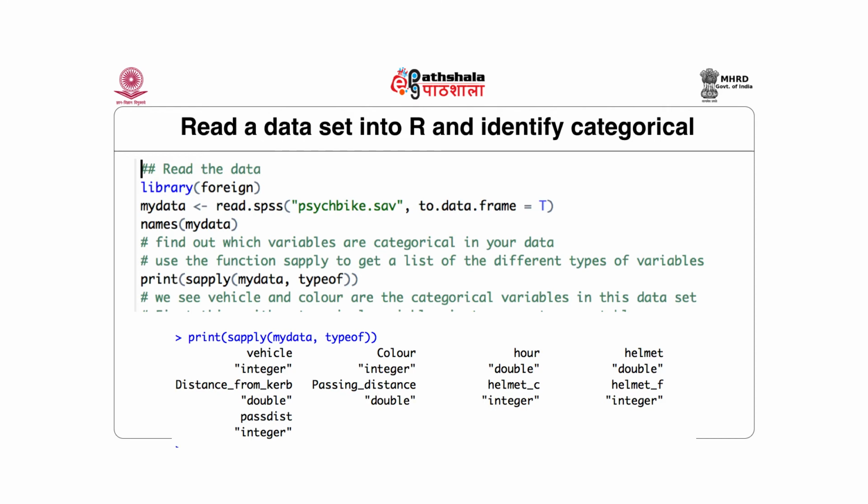If I print it out to my console, I get to see an output, shown below, which is that the variable vehicle is an integer, the variable color is an integer, the variable helmet is an integer, helmet C is an integer, and the passing distance is an integer as well.